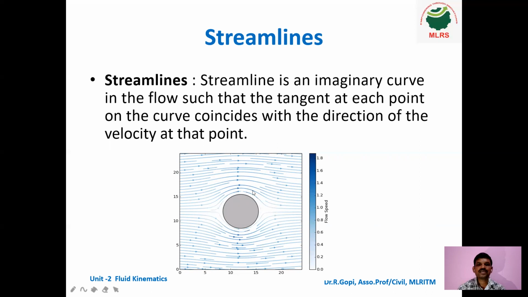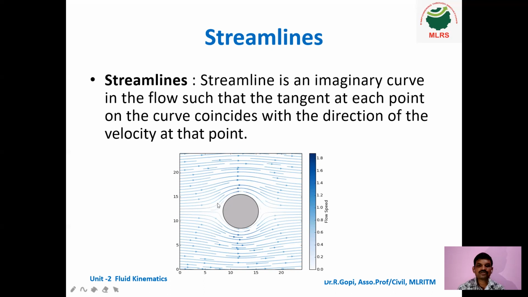So this is called the streamline. The flow is such that the tangent at each point. So now draw a tangent for the curve. You can see from here to here it is a straight line, and after this point a curvature will come.